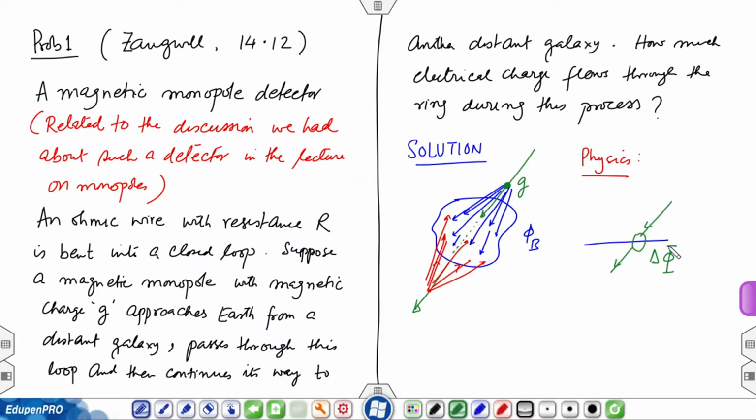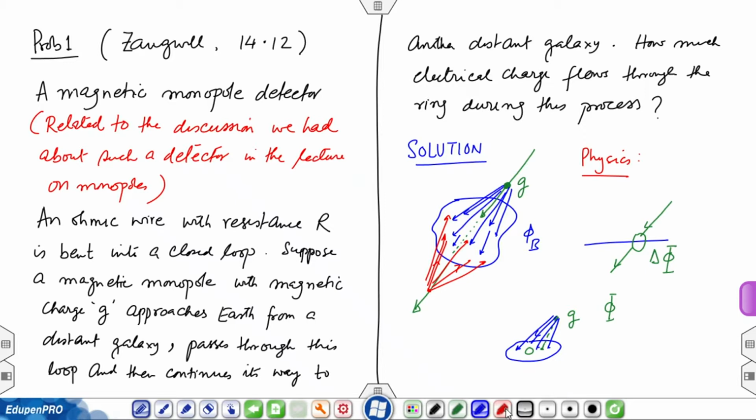Now, if I take this loop, and here is this magnetic charge G, at some distance, let us say the line crossing is the origin, then the flux phi due to this would be, so let us see that, these are the lines coming through.